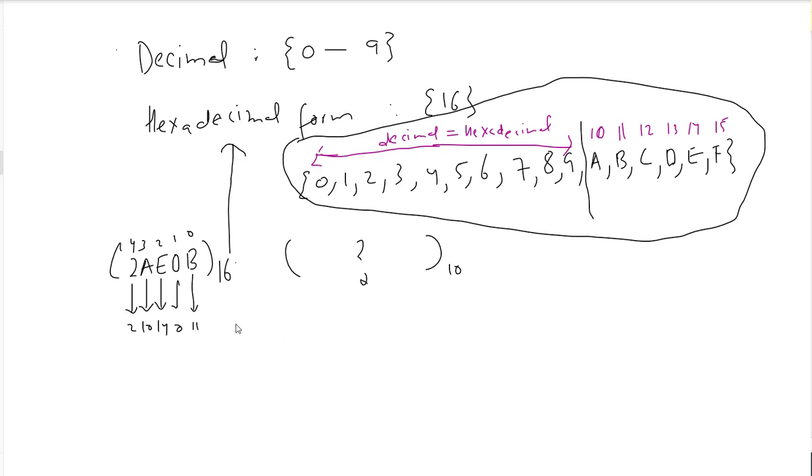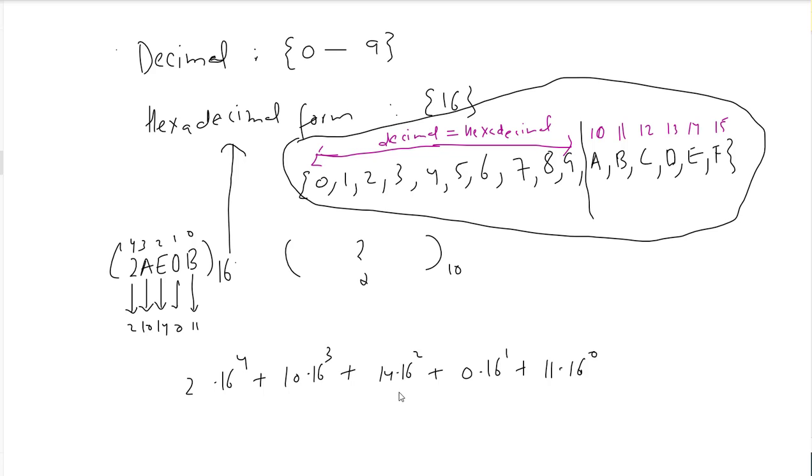Taking this entire thing as a reference, this is what we'll obtain. Now let us try to solve it. So since this is base 16, this will be 11 times 16 to the power of 0 plus 0 times 16 to the power of 1 plus 14 times 16 to the power of 2 plus 10 times 16 to the power of 3 plus 2 times 16 to the power of 4.